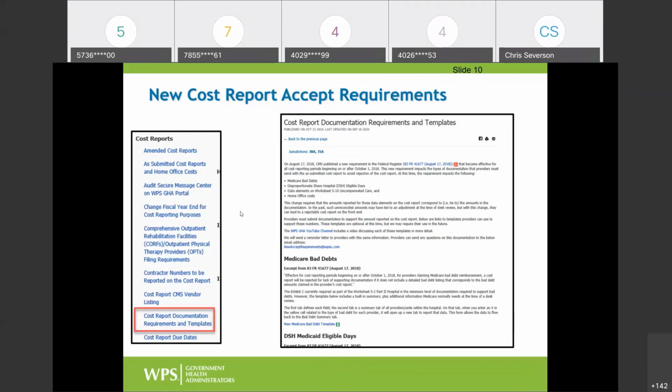So it's out on our website. If you go to the audit topics, and if you go into the cost report section, we have the listing of key issues, and each of them have their own articles underneath of them. You'll find the cost report documentation requirements and templates. And if you go out there, it really goes through a lot of the same things we just talked about.